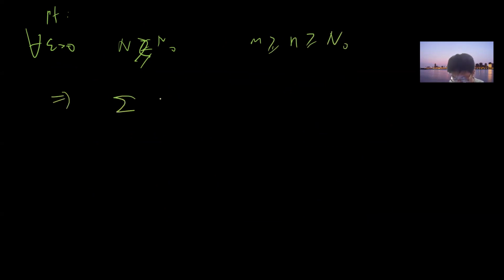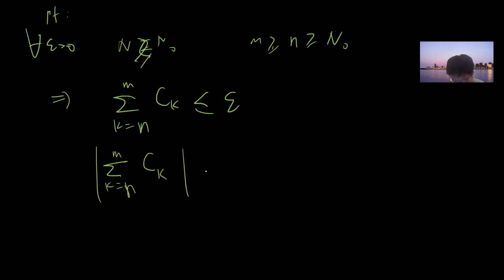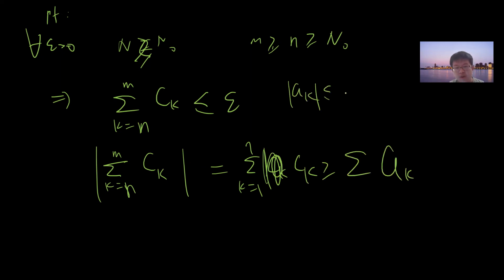Okay, so let's see the proof. For epsilon greater than 0, you can find a large n greater than n0 such that, by definition, the sum of c_k from n to m converges, meaning it is less than epsilon. You take absolute value, and since this is positive, it is greater or equal to the sum of |a_k|, because |a_k| is less than c_k, for k from n to m.